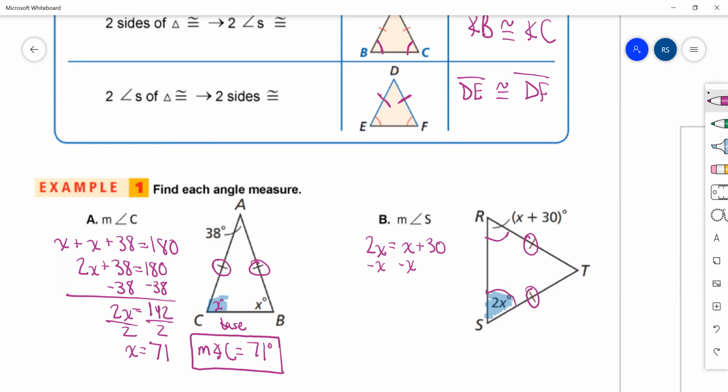Subtract x. We get x equals 30. Now, do they ask us to stop there? No, they ask us what S is. So the measure of angle S equals 2 times 30, which is 60 degrees.